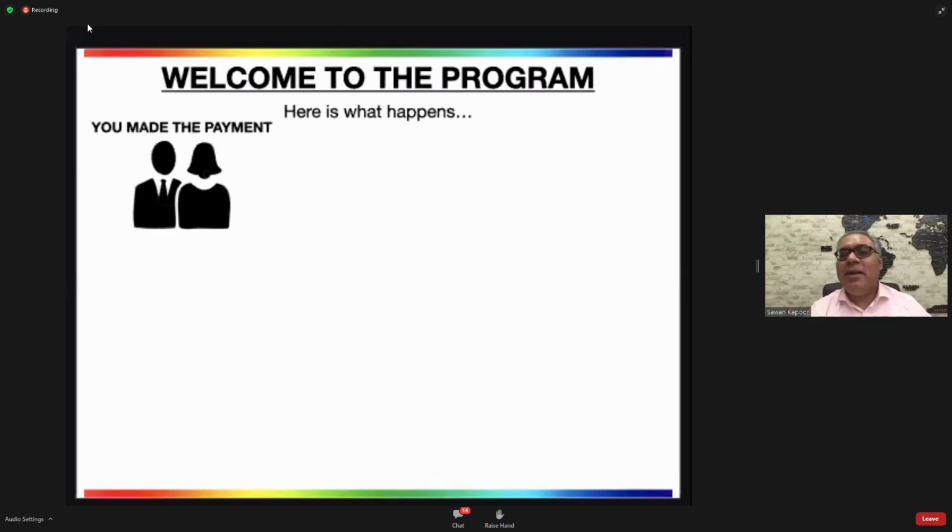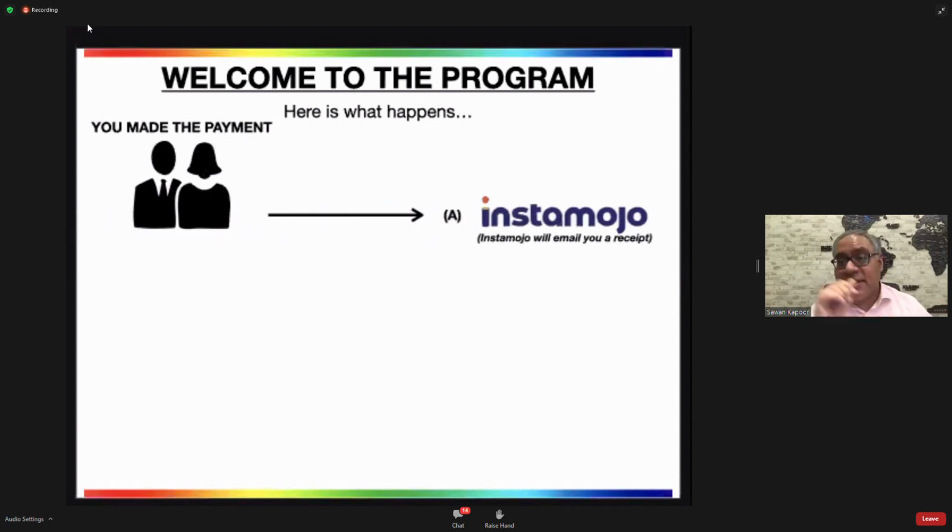You have made the payment, and after you make the payment, you will get the receipt. So, if you made the payment on InstaMojo, you get the receipt from InstaMojo. If you made it on Razorpay, you get it from Razorpay. And many a times this receipt can get stuck in your spam folder or junk folder or social folder, updates or promotionals folder.